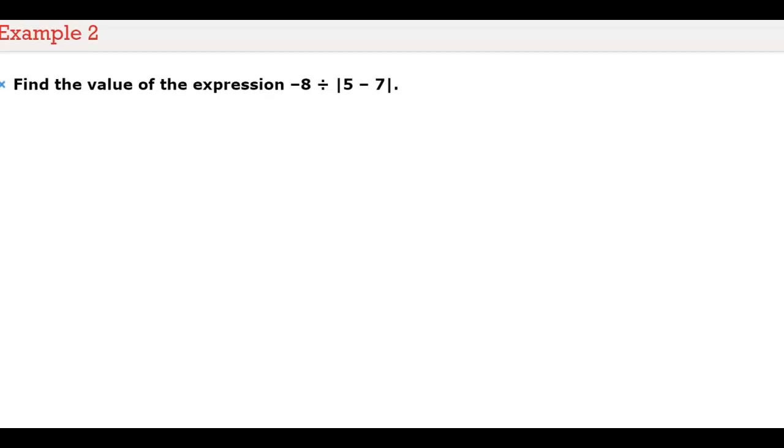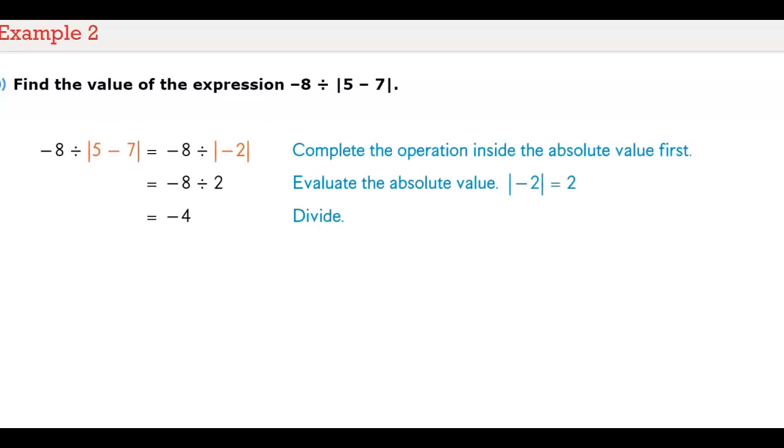Find the value of the expression -8 divided by the absolute value of 5 minus 7. So they have rewritten the expression to show 5 minus 7, which is inside of the absolute value bars, and that is -2.